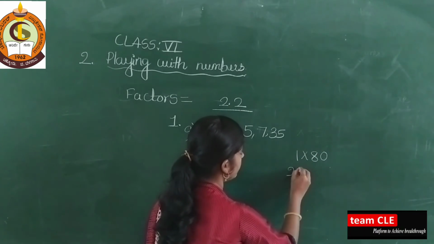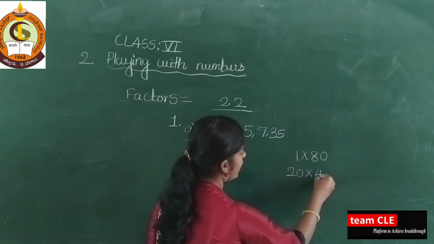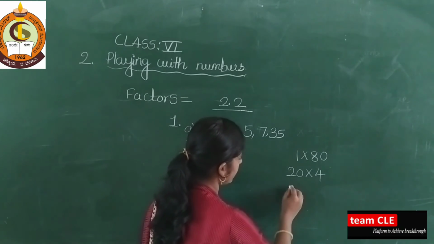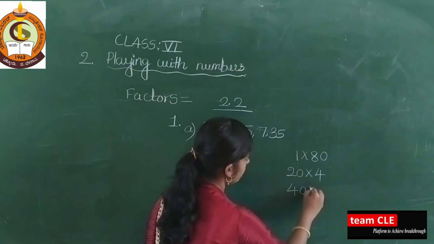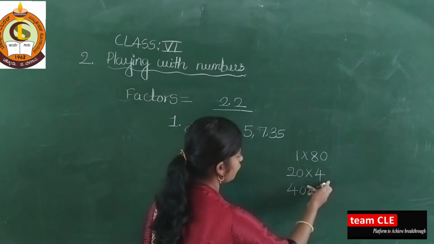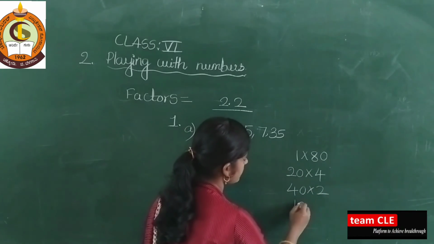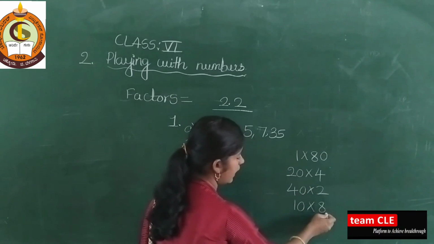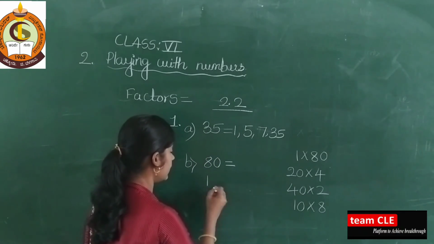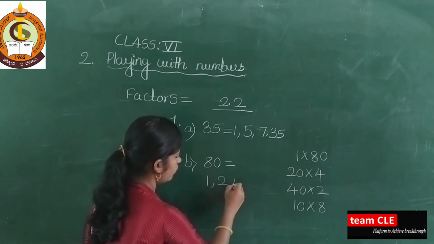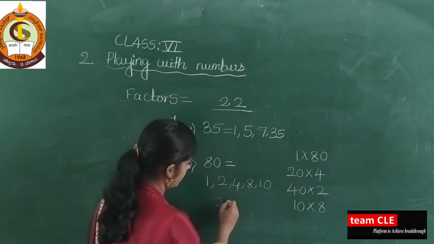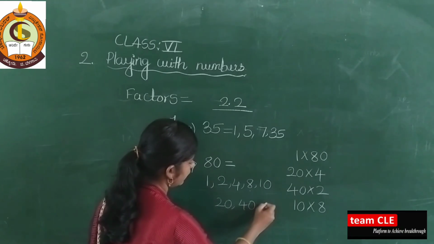Again it is there in 2 40s and 4 20s, and 8 10s, 10 8s. So arrange this in ascending order: 1, 2, 4, 8, 10, 20, 40 and 80.